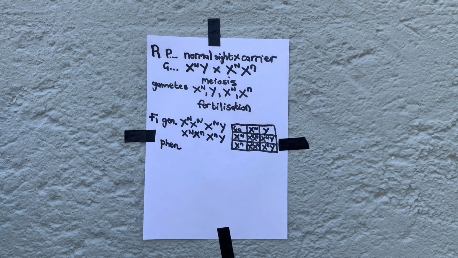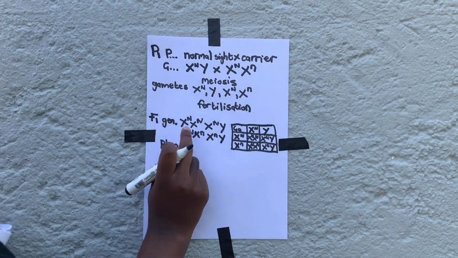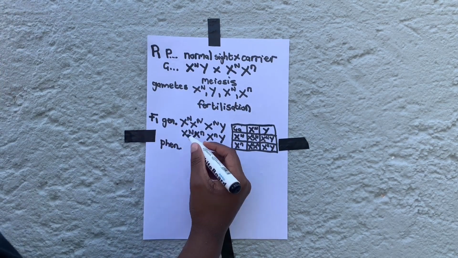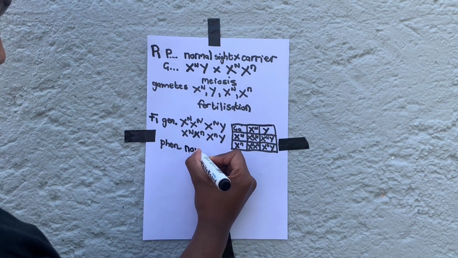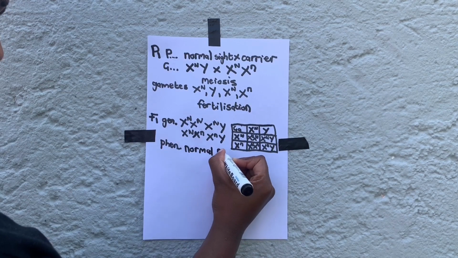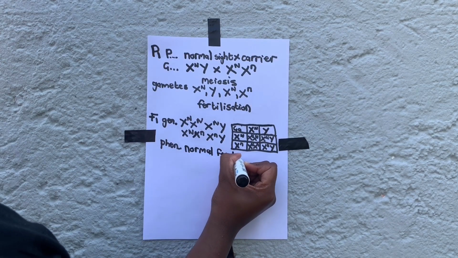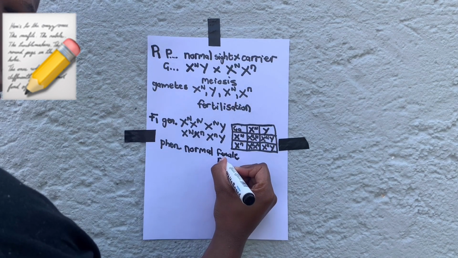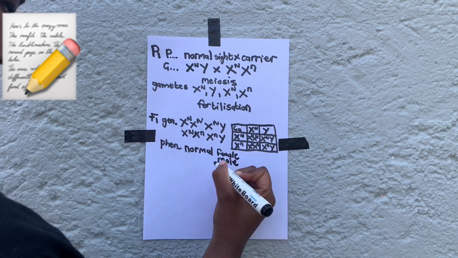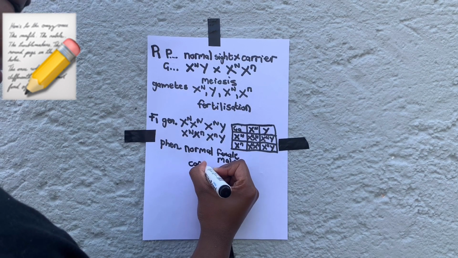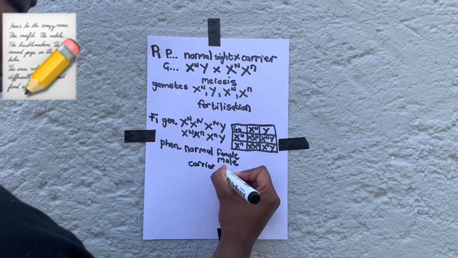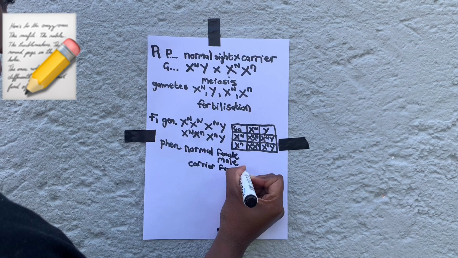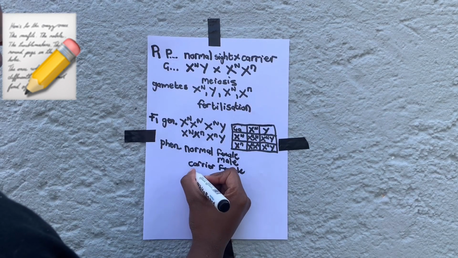I just want to read the question. Probability that their sons or daughters might be red-green colorblind. So we have a normal female, a normal male, a carrier female, and boom, colorblind.